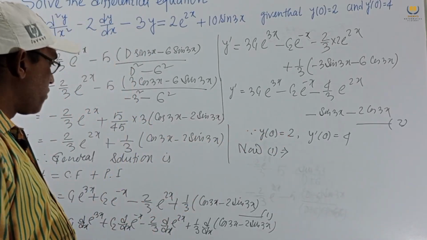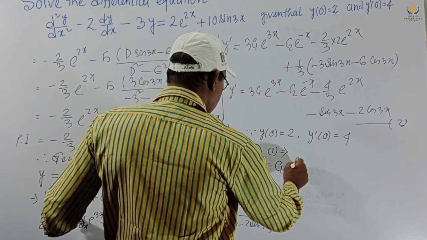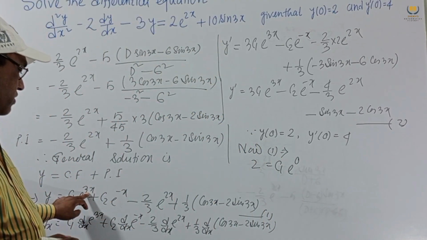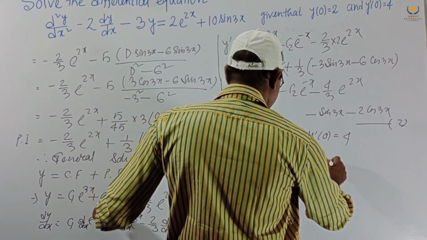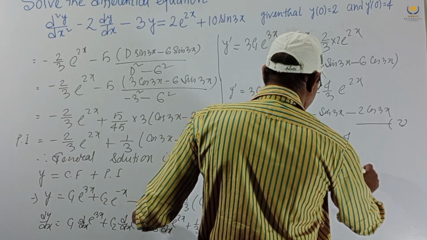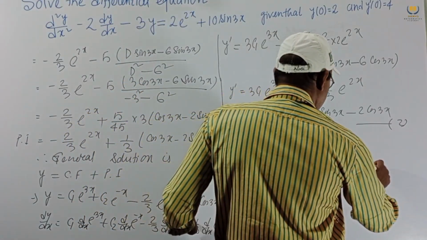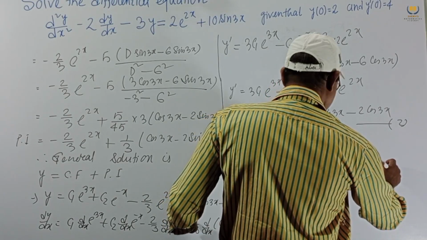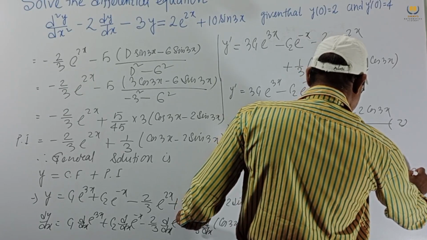In place of y we put 2, and the right hand side is c1 e^(3·0), plus c2 e^(-0), minus 2/3 e^0, plus 1/3 cos 0 minus 2 sin 0.